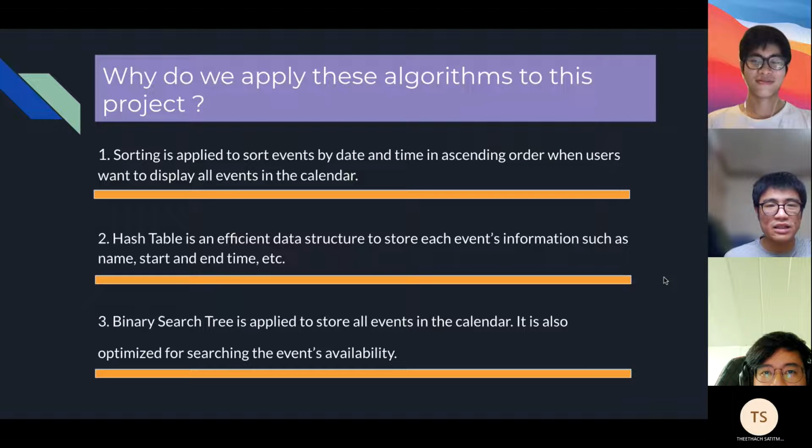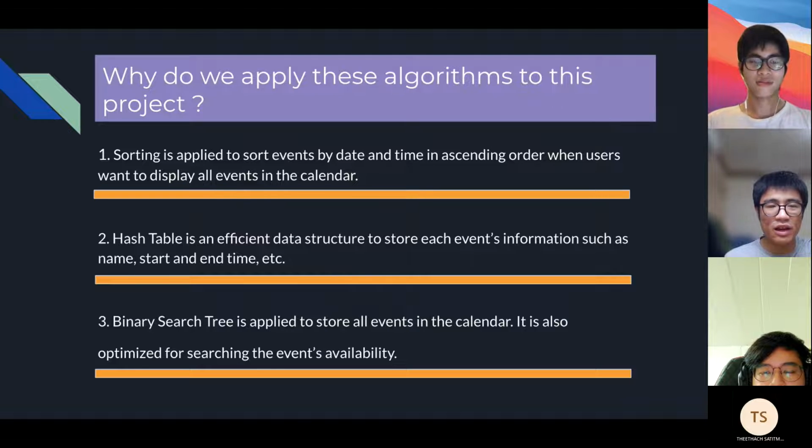Why do we apply these algorithms to this project? First is sorting. We apply this because it sorts events by date and time in ascending order when users want to display all events in the calendar.